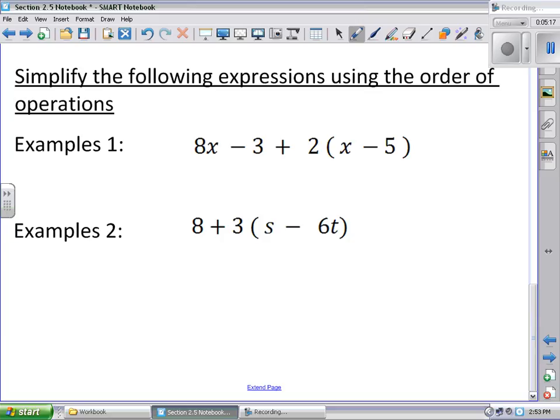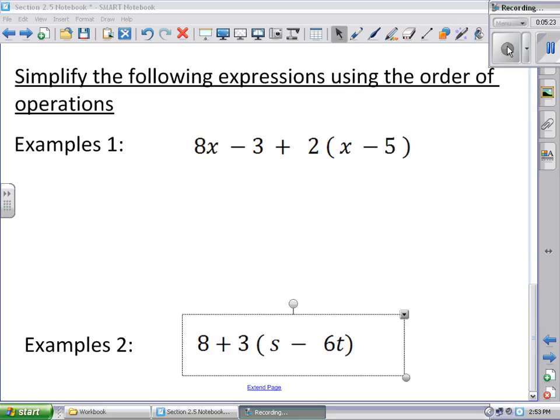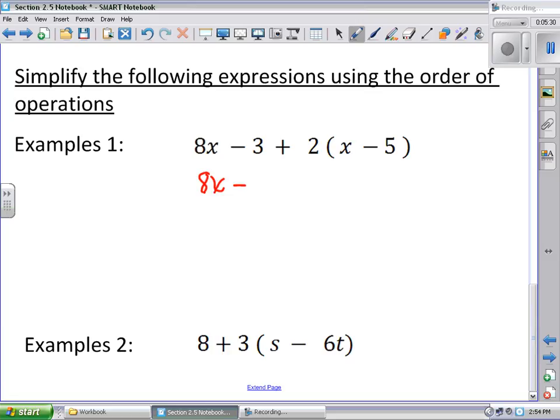Simplify the following expressions using the order of operations. Let's look at example 1 now. We'll have 8x minus 3, and because I've got this 2 in front of the parentheses, I'm going to have to distribute the 2. 2 times x would be 2x, and 2 times negative 5 would be negative 10.